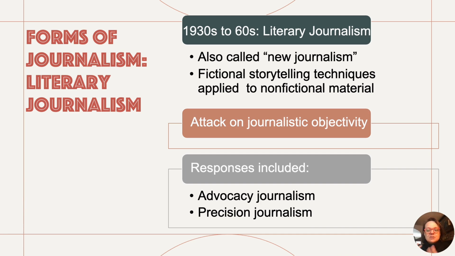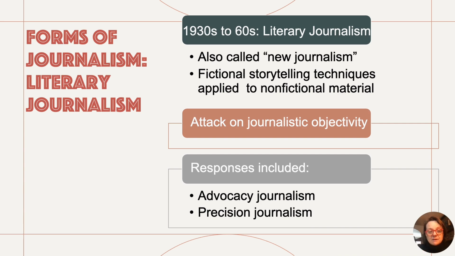This form of journalism rejects the idea of journalistic objectivity in the same way that interpretive journalism does, but it also argues that the news is most compelling when it's presented with a perspective and a point of view. So it adopts this more narrative format for telling the news, and it's less concerned with the order of facts and that kind of pyramid style. Some famous people who've done this kind of work in the past have been Joan Didion, if you guys have ever encountered her books. It's often a pretty enjoyable read.